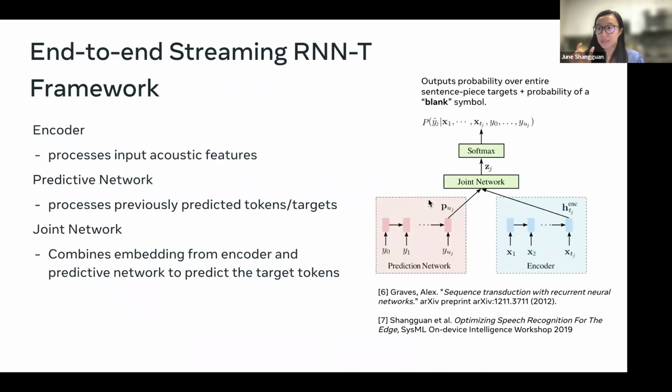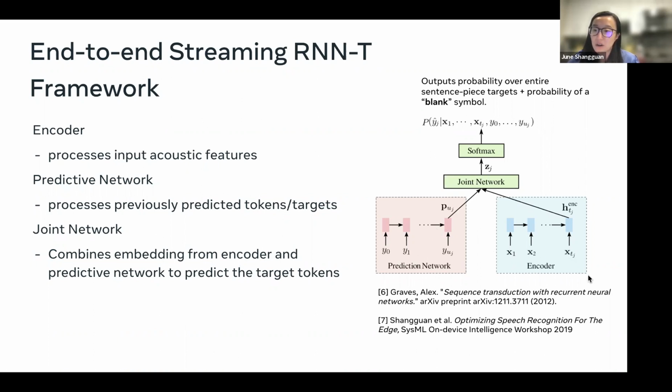So let's look at this particular model architecture for RNNT. In this model, we have a predictor network, which is actually analogous to the language model. So you take the past predicted tokens and you turn out this embedding of the likelihood of the next token. So it's an embedding of the past tokens.